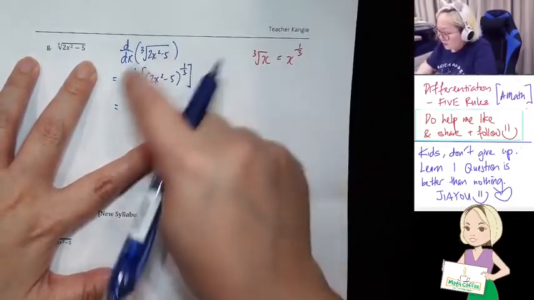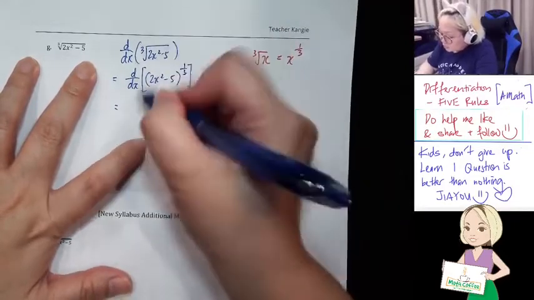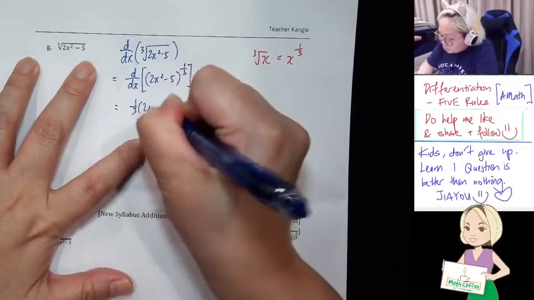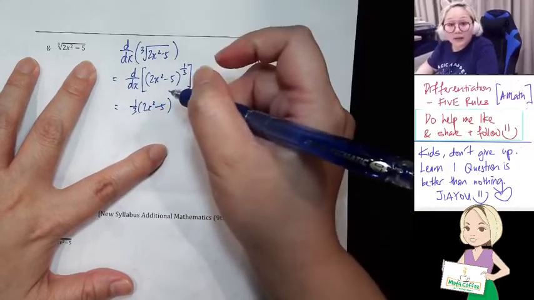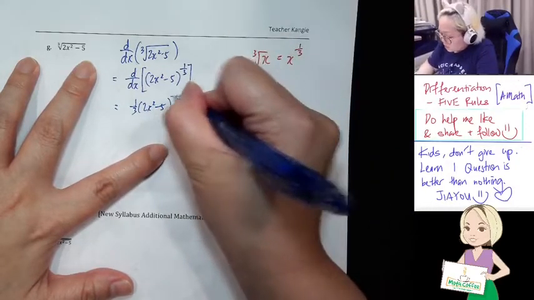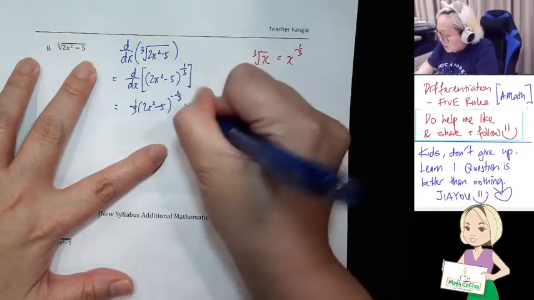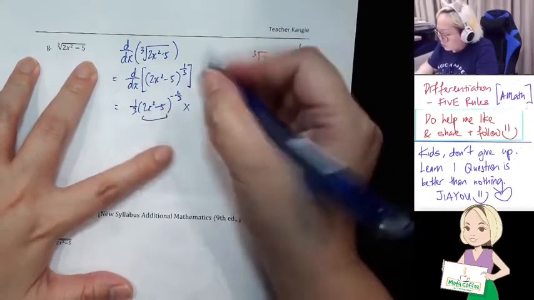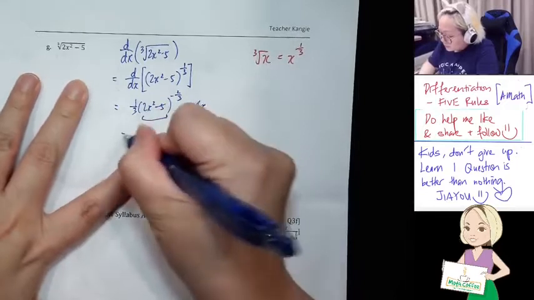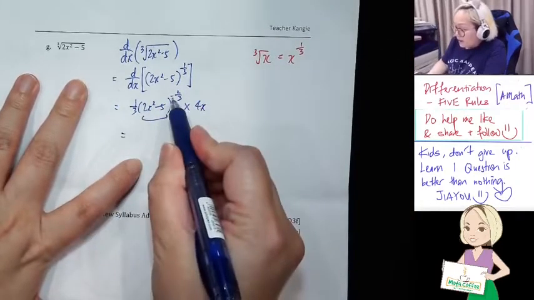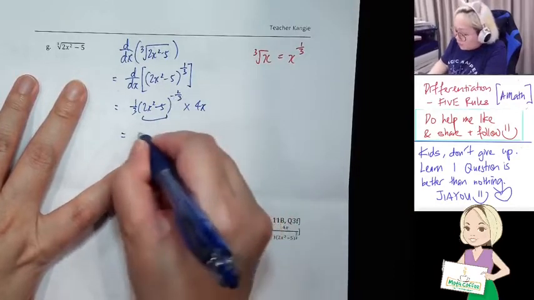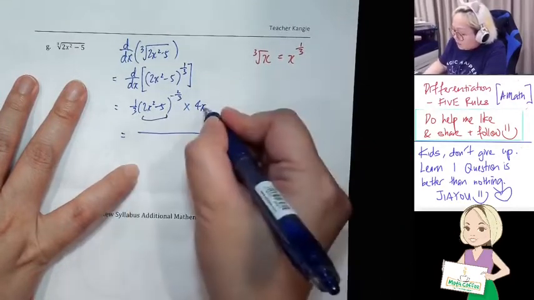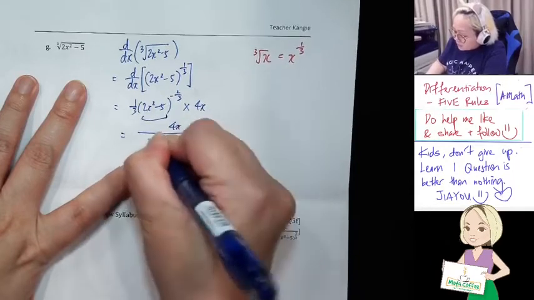Power bring down, so 1/3 bring down. It becomes 1/3, 2x squared minus 5, 1/3 minus 1, which is negative 2/3. Multiply by differentiate the inside, so it's 4x. We know that this is minus, so I know I need a fraction. 4x will be at the numerator, and this 3 will be here.